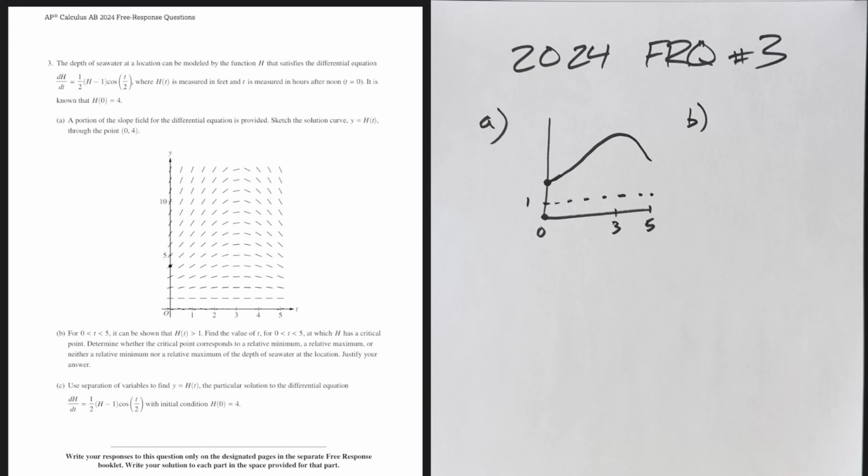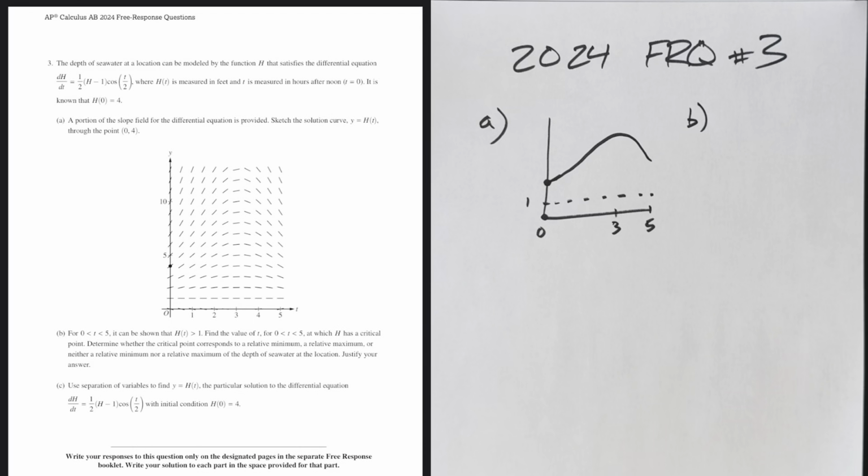Because our graph is entirely above that line. And it says find the value of t, for t between 0 and 5, at which h has a critical point. Determine whether the critical point corresponds to a relative minimum, a relative maximum, or neither. And it asks us to justify our answer.